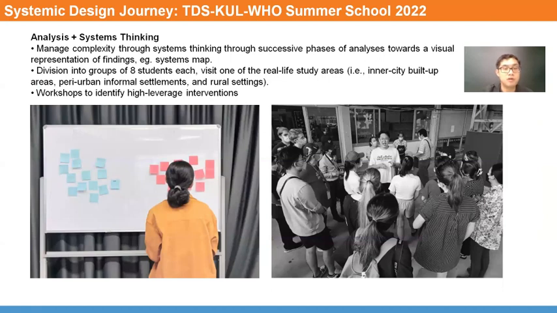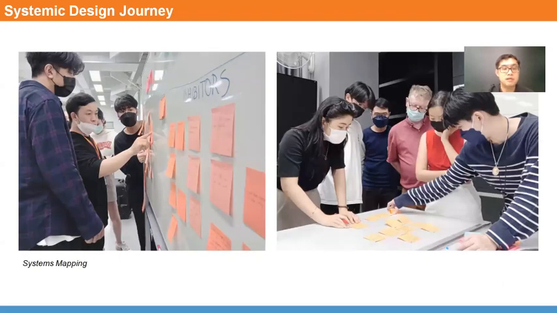In the first week of the program, students were introduced to a holistic way to handle complexity through systems thinking. The dynamic systems analysis coached the participants through successive phases of analysis, from understanding the system and its driving forces towards a visual representation of their findings in the form of a systems map. The initial systemic thinking journey involved framing the system, listening to the system, and understanding the system.